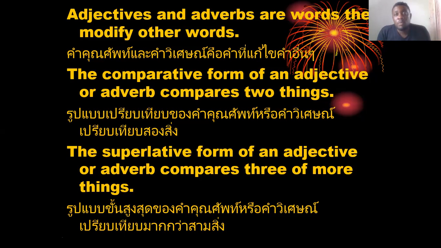The comparative form of an adjective or adverb compares 2 things. So in comparative, we compare two things. The superlative of an adjective or adverb compares 3 or more things. So with superlative, we compare 3 or more things.